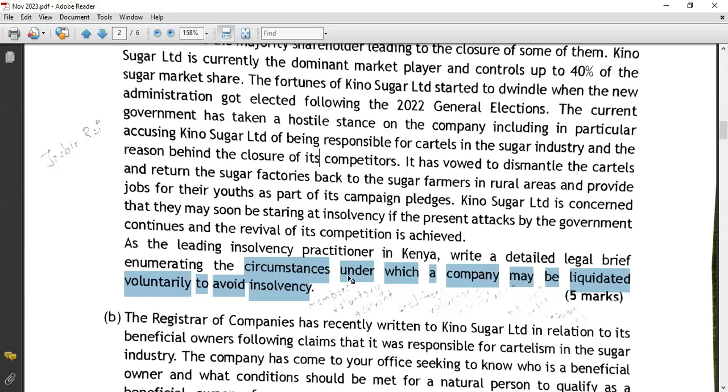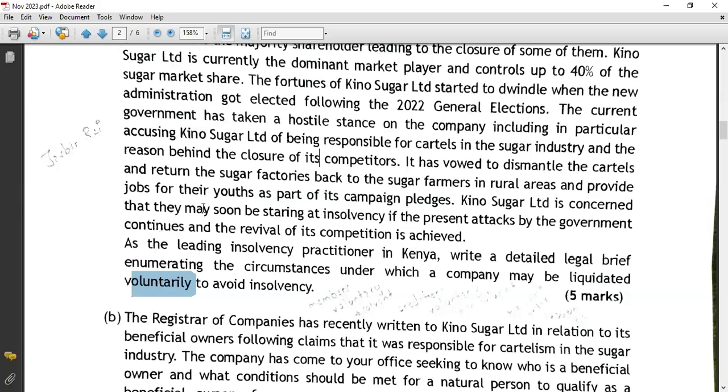But where the company voluntarily, the shareholders and the directors want to do it voluntarily, that is what the question is about. So the keyword here is voluntarily. Your first point, where you said shareholders voluntary, was correct.